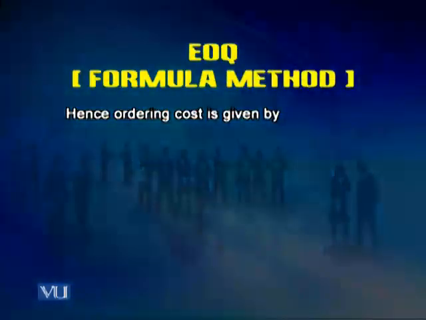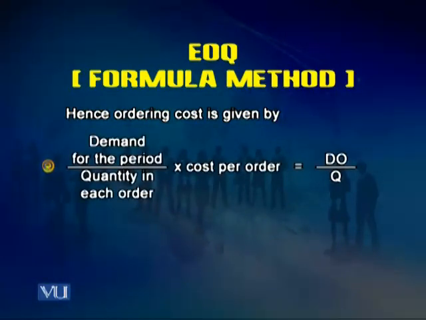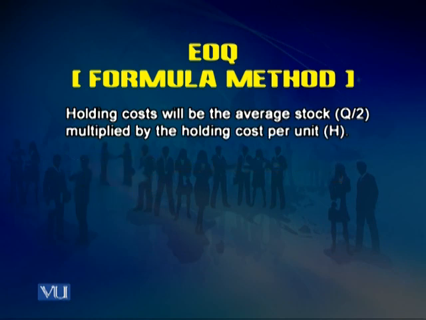Once we have that, we can multiply it by the number of orders to arrive at the ordering cost. Hence, ordering cost is given by demand for the period over quantity in each order multiplied by the cost per order, DO over Q.